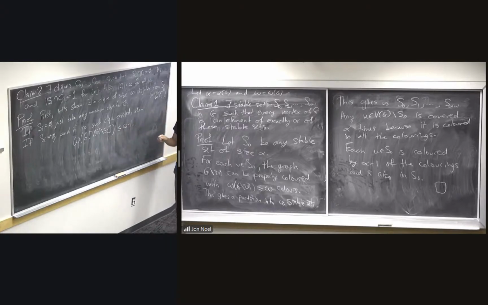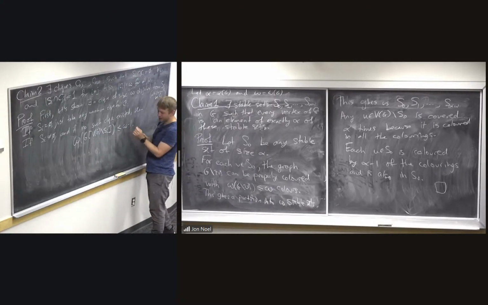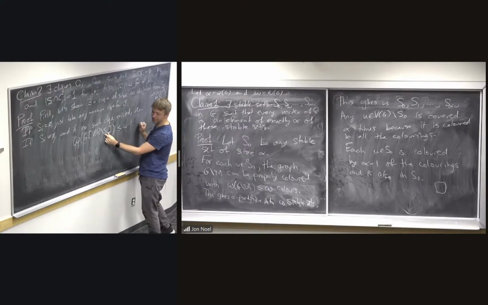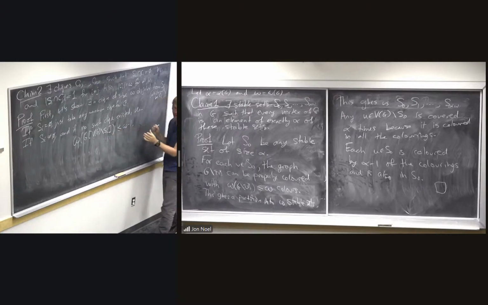Because if there are no cliques of size omega disjoint from S_I, then when I delete S_I, the clique number goes down. How could this be equal to omega? It's only if there's a clique in G disjoint from S_I of size omega.